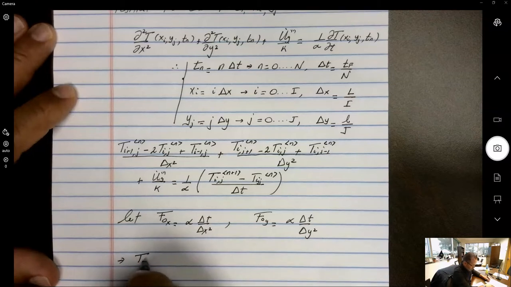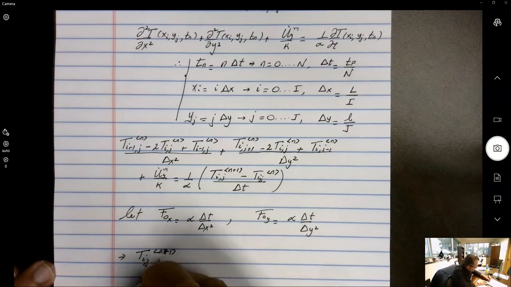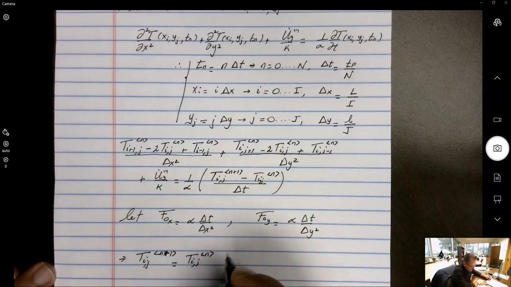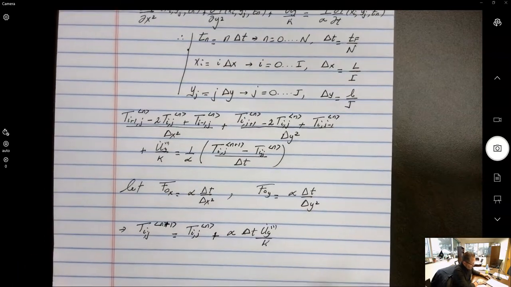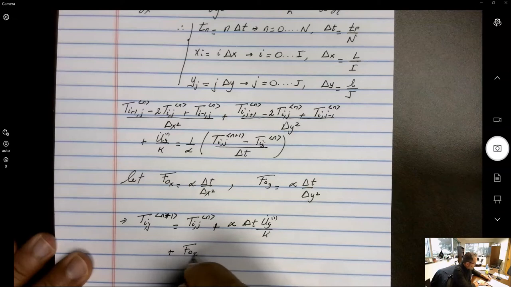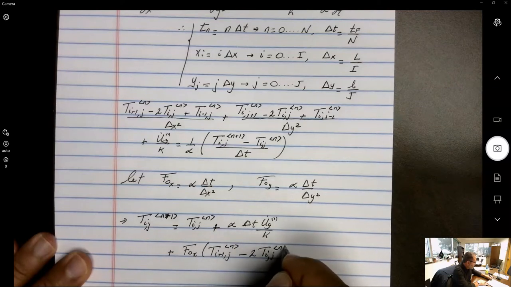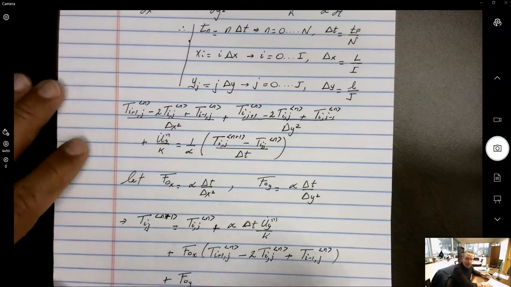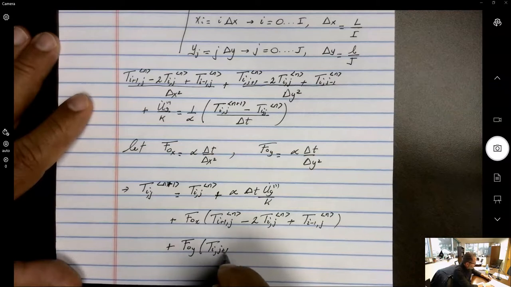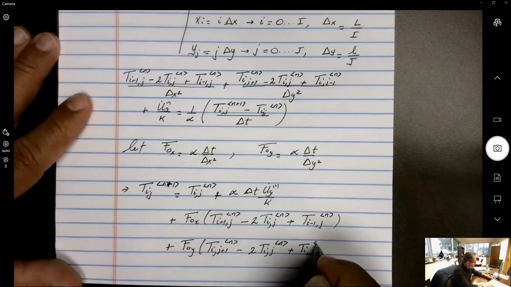And then T_ij at n+1, the next time level, is equal to T at i, j at n plus alpha delta t u_g triple prime over k plus the Fourier number in the x direction times T at i+1, j at n minus 2 T at i, j, n plus T at i-1, j at n, plus the Fourier number with respect to y times T at i, j+1 at position n minus 2 T at i, j at position n plus T at i, j-1 at position n.